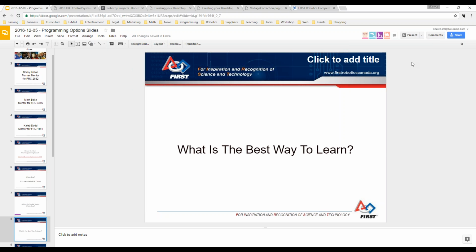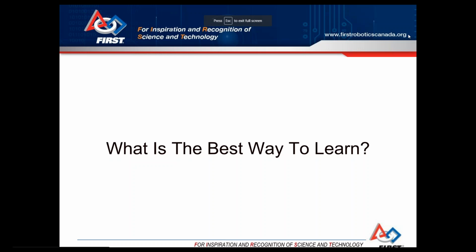In my case, on 1114 we actually do VEX Robotics as well, so we ended up using RobotC, which is a C text-based language, and a lot of that stuff, like making variables and all that, carries over into Java pretty nicely. And obviously learning from mentors and grade 11 and 12 students how we structure our code specifically.